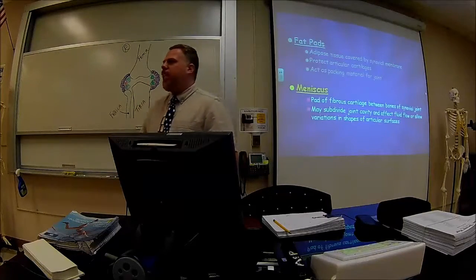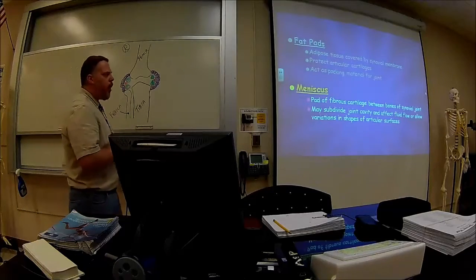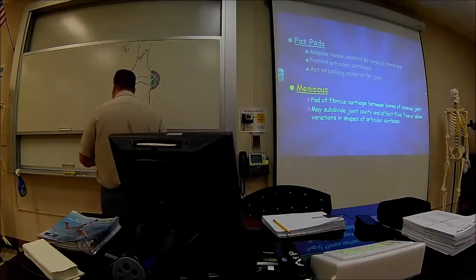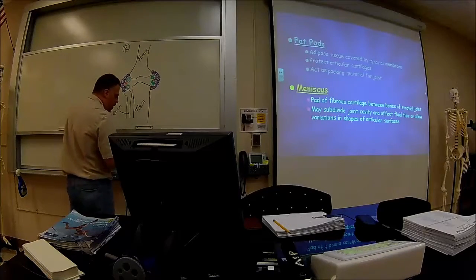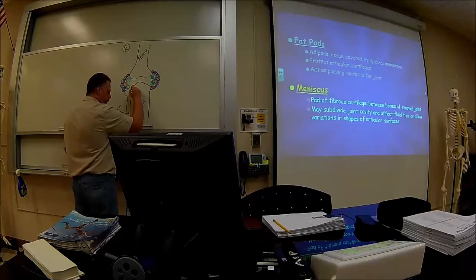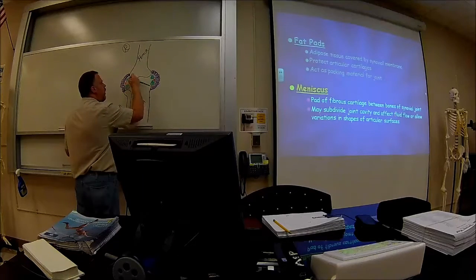Then we have meniscus. A meniscus is a fibrous cartilage pad that's going to be on top of the articular cartilage. So we have articular cartilage here and articular cartilage here, right? You know about that from before.